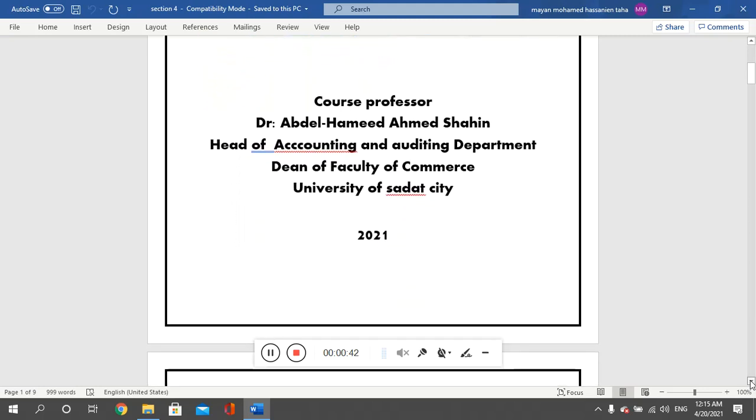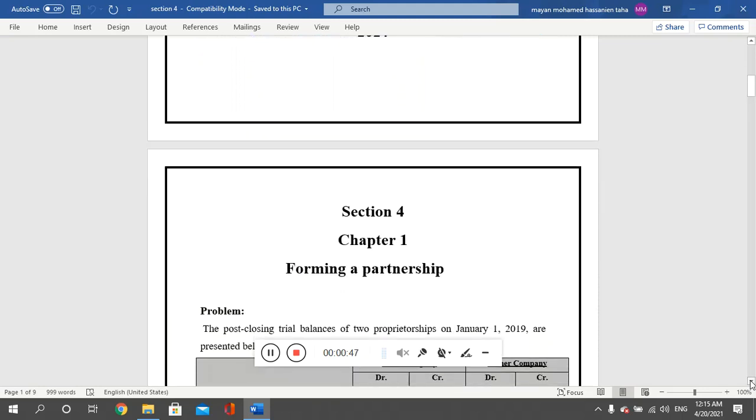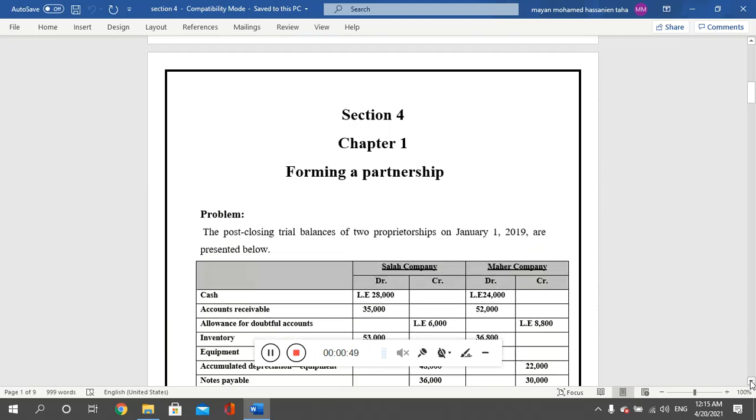In this section, we will complete what we talked about in the previous sections. We talked about how to form a partnership, and how to divide net income or net loss between partners.